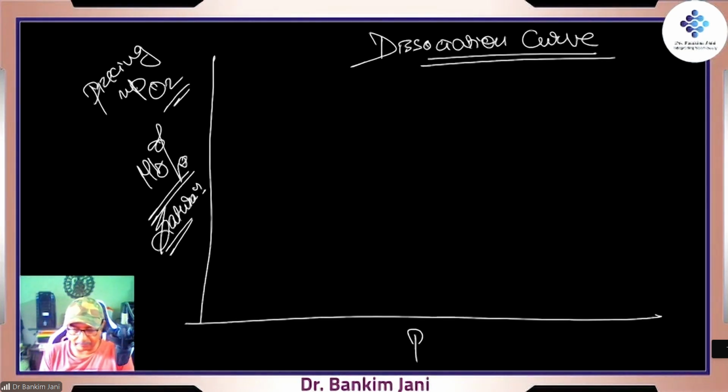And this one will be the pressure of oxygen, the normal pressure of oxygen. So as we increase the pressure, we find that there will be more and more pickup of the oxygen. So this is the PO2.